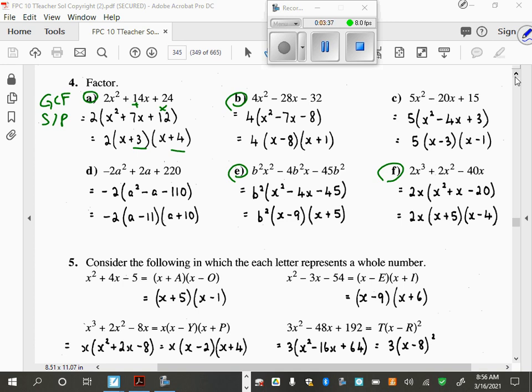Here you take a 4 out, and then you do two numbers that multiply to negative 8 and add to negative 7, or this and this. Don't forget to bring the 4 down, or it doesn't make sense. You can't write that equal sign unless you bring that 4 down. Okay? If you weren't here yesterday, you can listen to the podcast or just flip to this page if I didn't give you enough time to correct these.